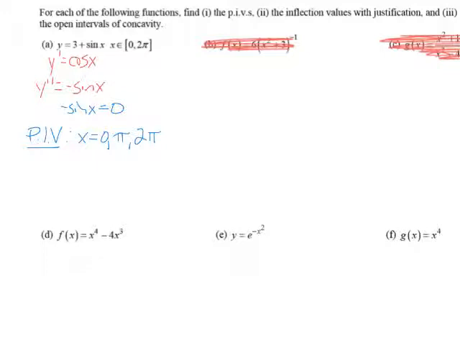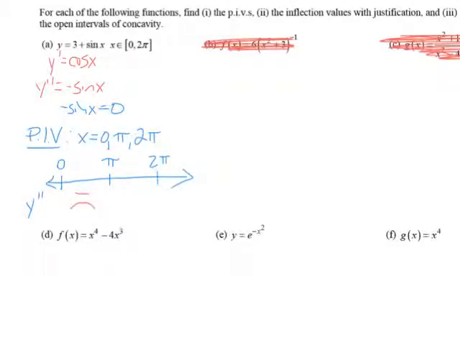Now we want to test those possible inflection values in the same way that we tested our critical values for increasing decreasing. So 0, pi, and 2 pi, and we are going to test on the second derivative. If we plug a number between 0 and pi into the second derivative, we get a negative answer, so it's concave down there.